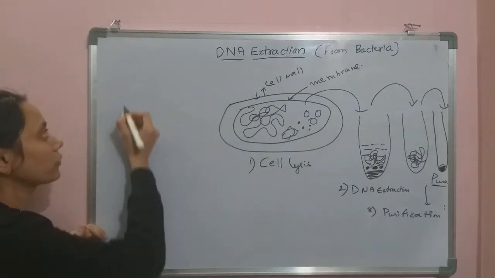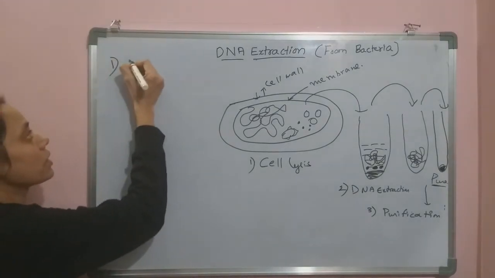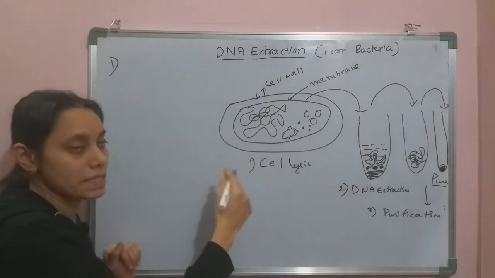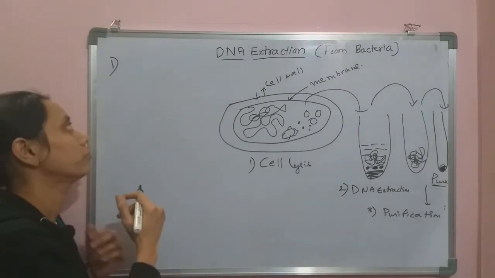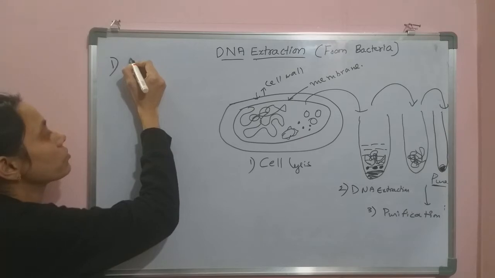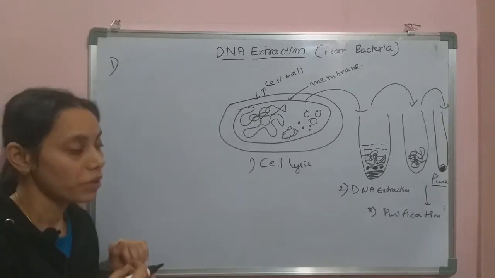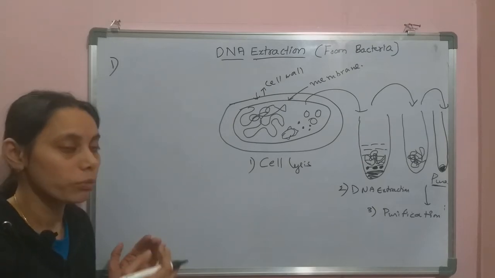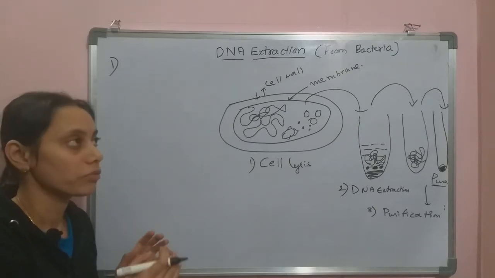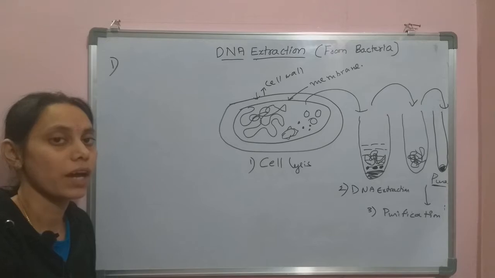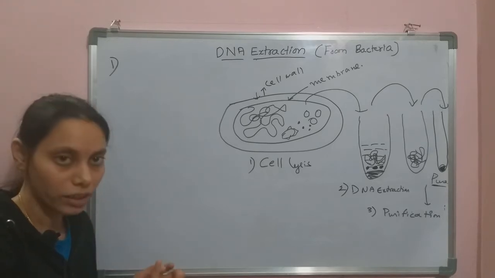In the first step, that is cell lysis, there will be treatment with DNA extraction buffer, as we already discussed. But previous to that, the entire process will be started with the bacterial culture, right?